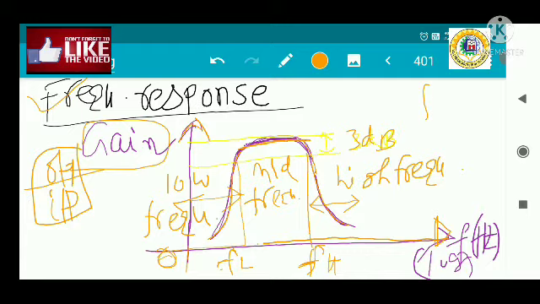But for a certain portion of the frequency, between FL and FH, the lower cutoff frequency and the higher cutoff frequency, the gain will be fixed. That is our concern, and that is called the midband gain. The midband gain is the highest gain. Remember that the highest gain can be achieved in the midband frequency. That is all about the frequency response and why we study it.